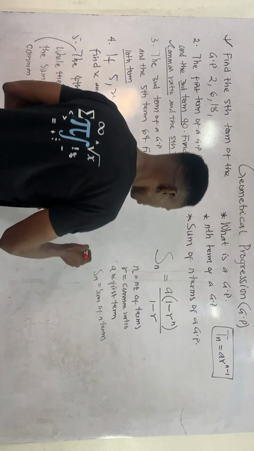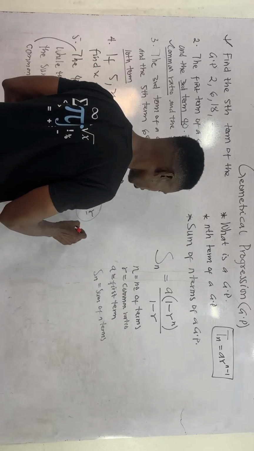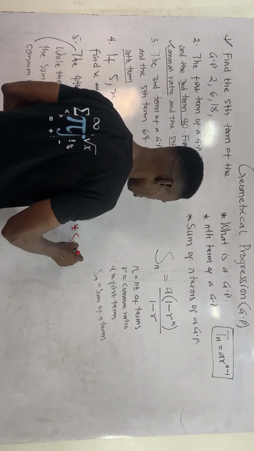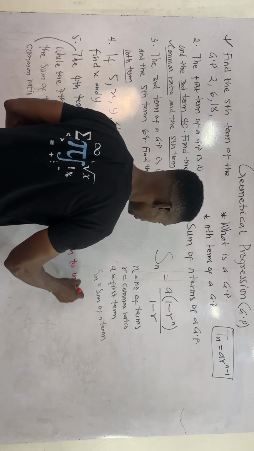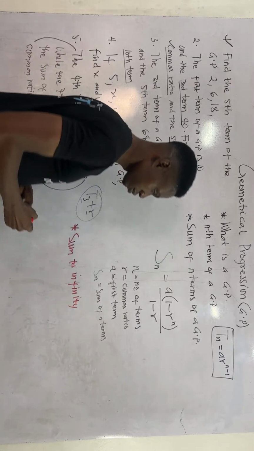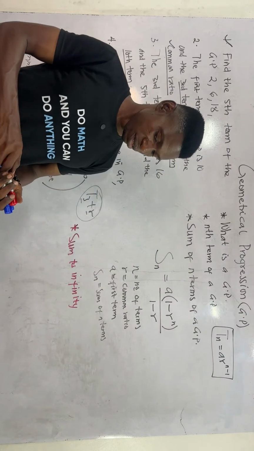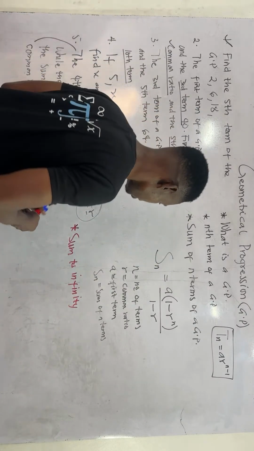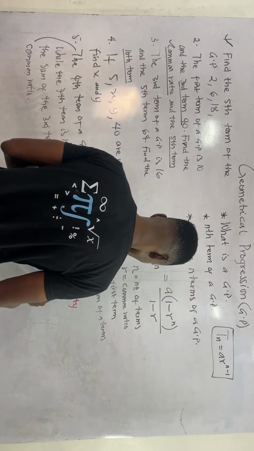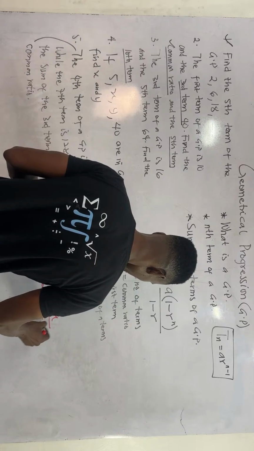Some sums go on to the end, so we call that kind of sum the sum to infinity. Sum to infinity equals A over 1 minus R.